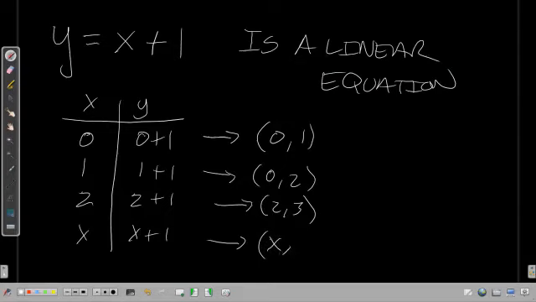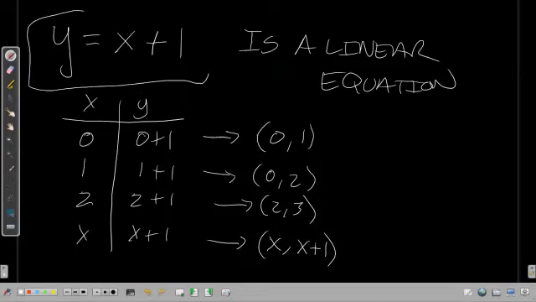So ultimately, we can say that an ordered pair that we would find on this line looks like this. They must look like that because that's what the equation told us the points would look like.